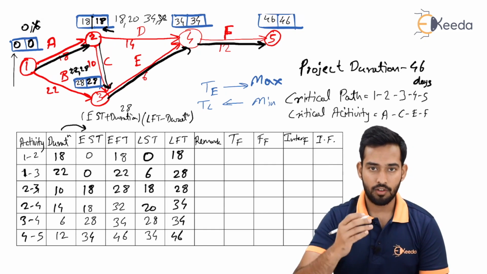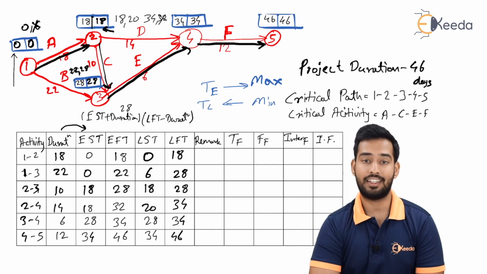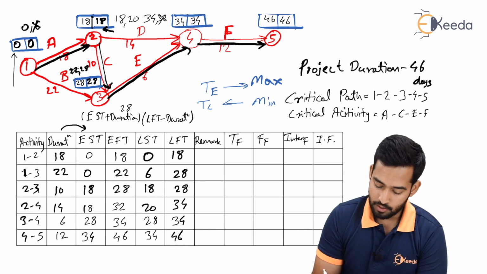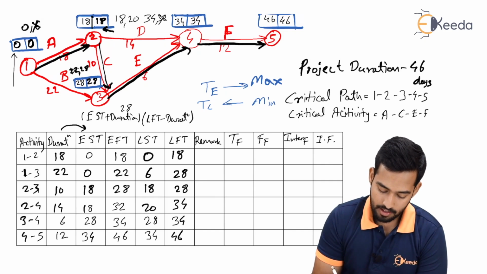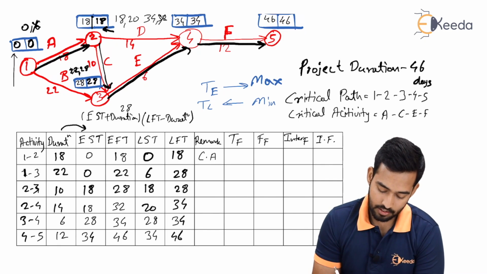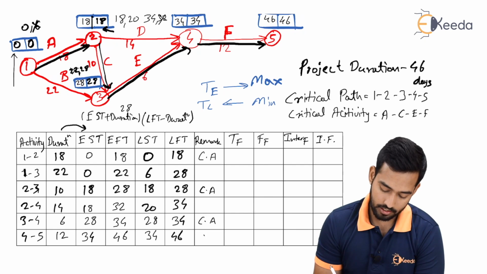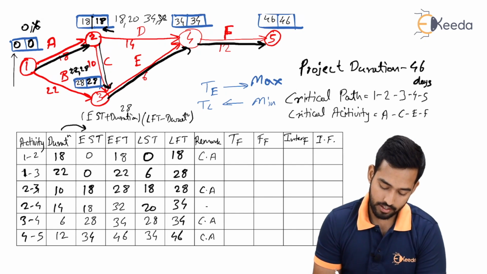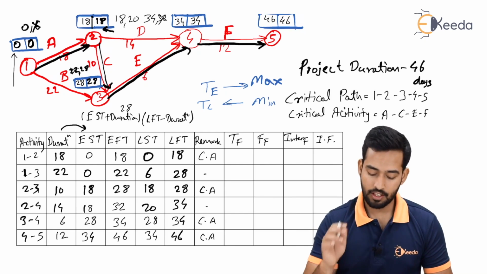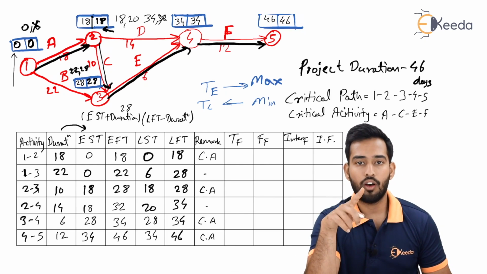Now in the remark column, we have to write down the critical activities. Why are we writing it down? We will know A is our critical activity, then C is your critical activity, and E and F are also critical activities. So we have calculated the critical activities. Now knowing the critical activities, we know that the float of a critical activity is directly 0.